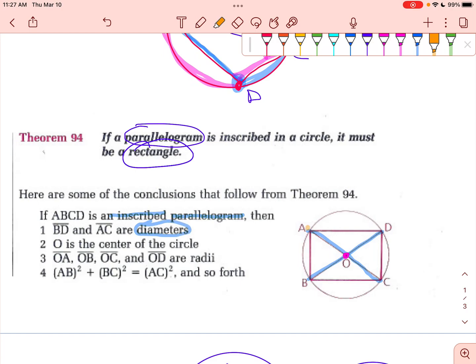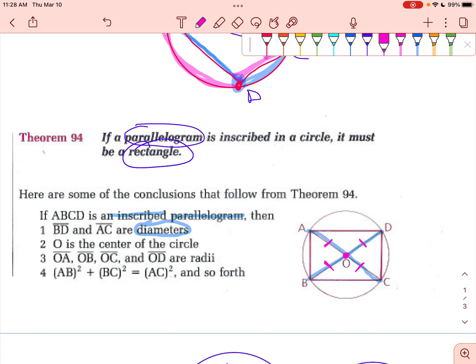They also create semicircles, and look at the arcs and all that good stuff. O is the center of the circle, because those are diameters. All of these segments are equal: OA, OB, OC, and OD. That's because in a parallelogram the diagonals bisect each other, and in a rectangle the diagonals are congruent. Therefore, all those pieces have to be congruent to each other.